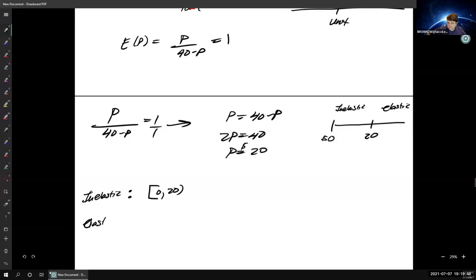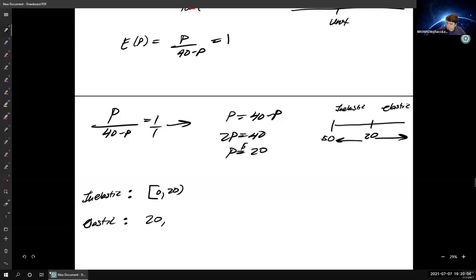And we are elastic going to the right. So yeah, we're inelastic going to the left, elastic going to the right, from 20.